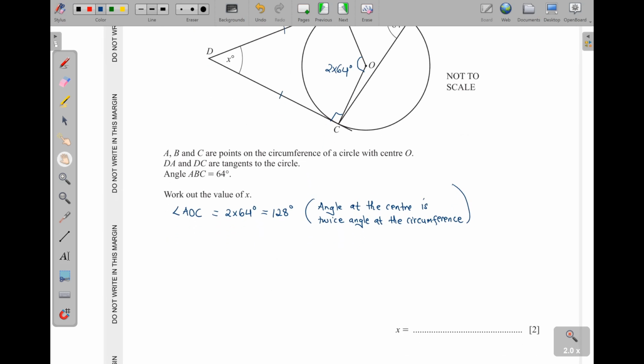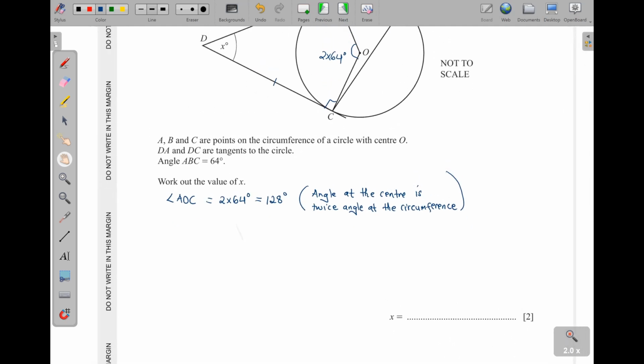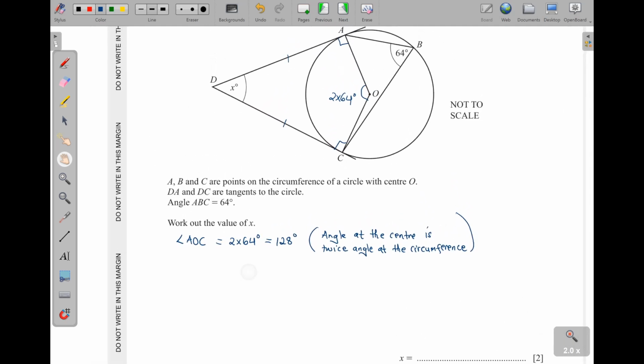After that, there are two ways you can do this. You can consider the whole of this as a quadrilateral. Okay, this is 90. We have this one here, then we also have this one here, and then this one here. But since already we have 90 here and we also have 90 here, that is 180.